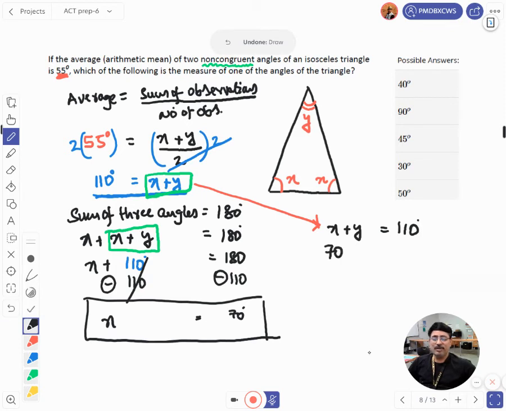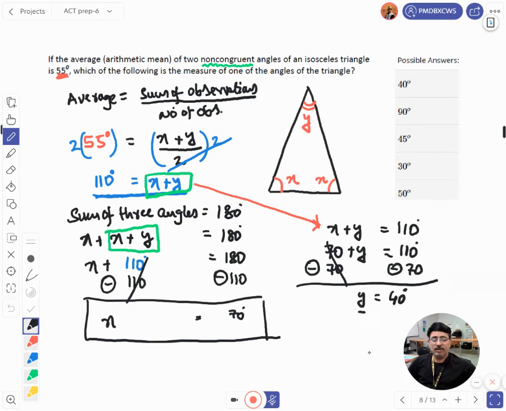Therefore, 70 plus y equals 110 degrees. Take away 70. You know how to isolate. So y equals 40 degrees. Okay. x is 70, y equals 40. We found both angles. Now, any questions on this, please?